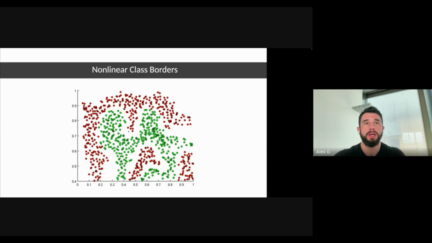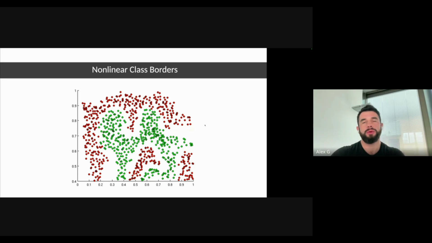As you see here, the red dots and green dots are very non-trivially distributed, and it will be very hard to separate them with any of the simple classifiers and decision borders, like a linear one, a convex one, or a polynomial.